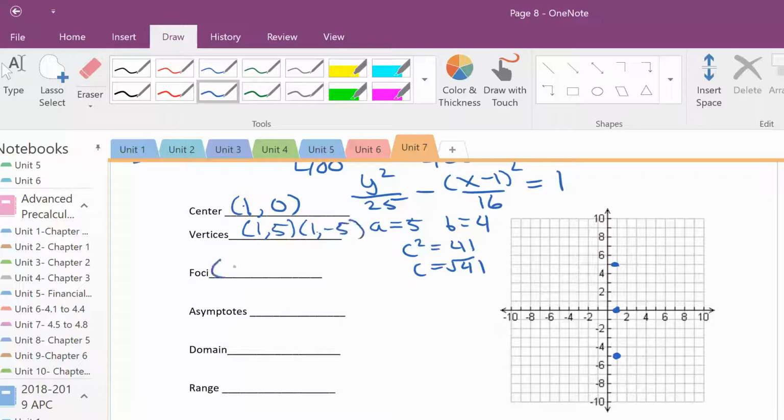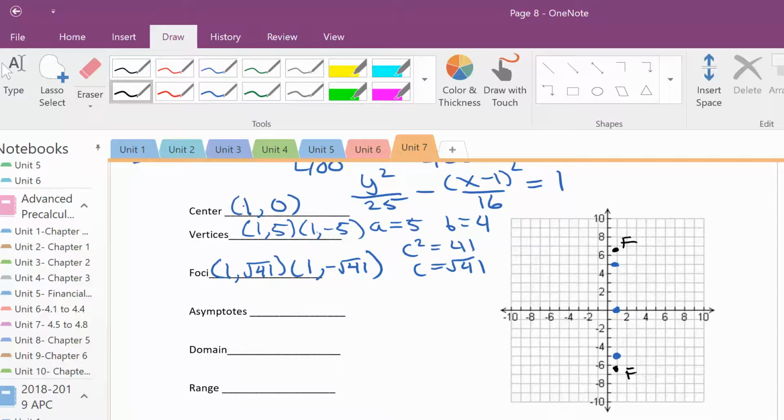Your foci, you're going to add, so it's 1, square root of 41 and 1, negative square root of 41. And square root of 41 is like 6.5. So those are your foci.